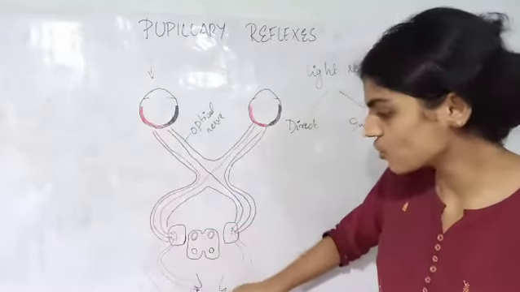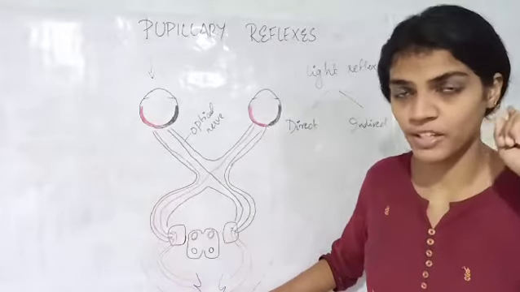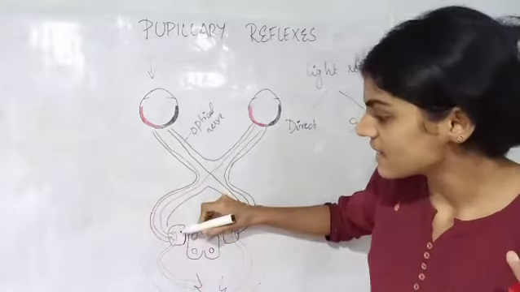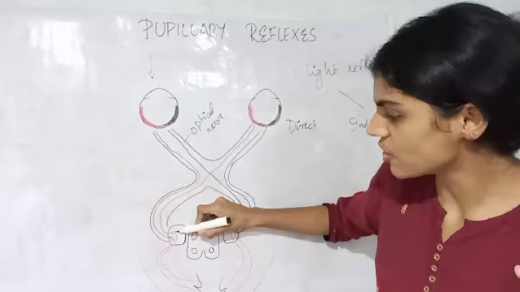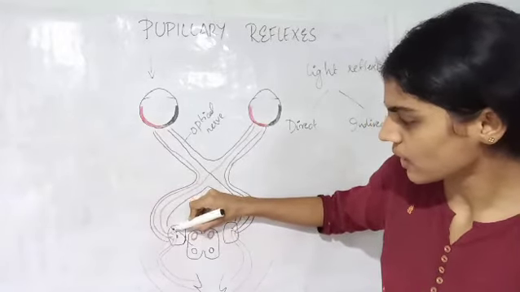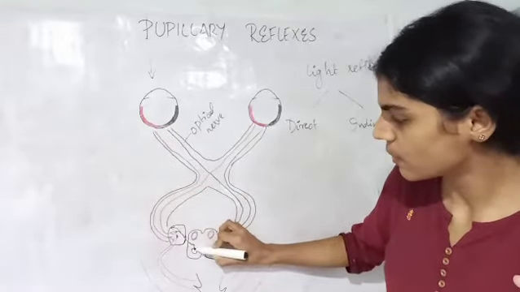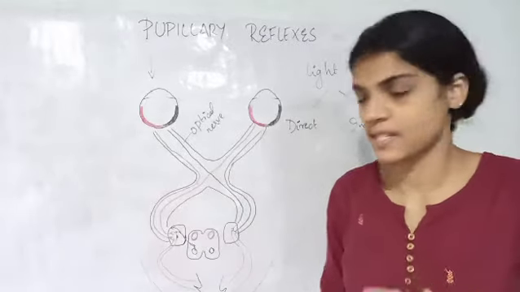They do not go to the visual cortex in the occipital lobe; instead, some nerve fibers diverge and go to a particular nucleus known as the pretectal nucleus.